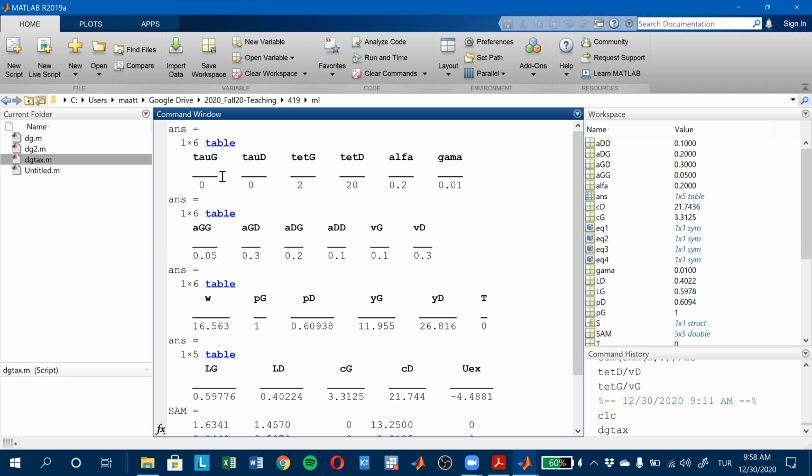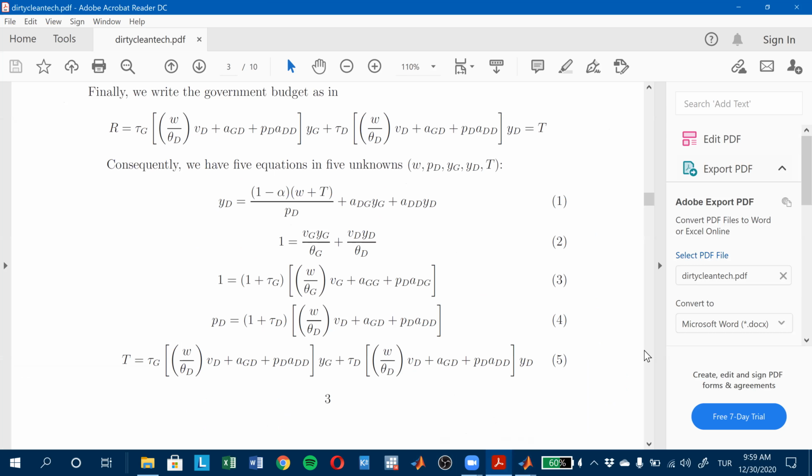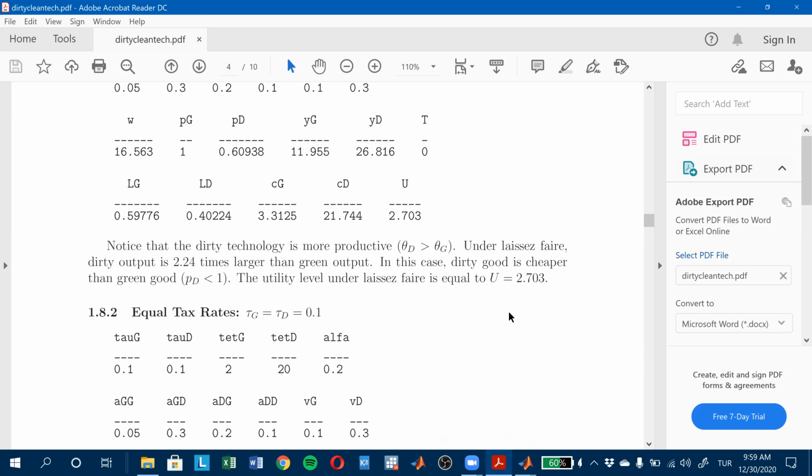So these are parameters of this specification. Remember, both taxes are 0, so the found value of T is equal to 0, okay? Labor demands are there, consumption demands are there, output levels are there. So we have this.